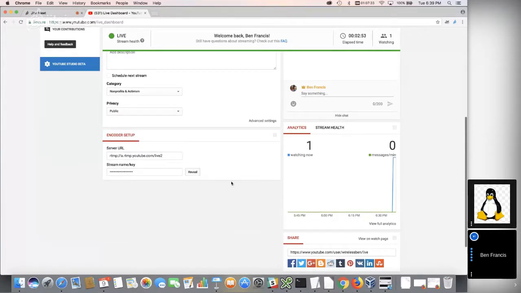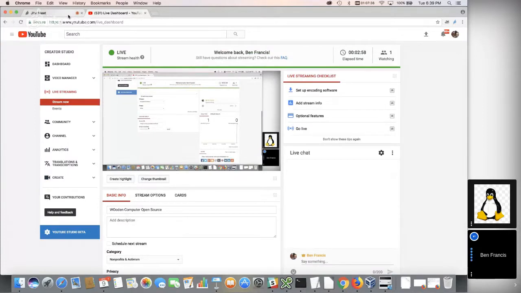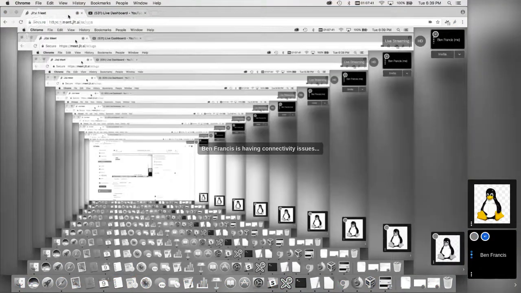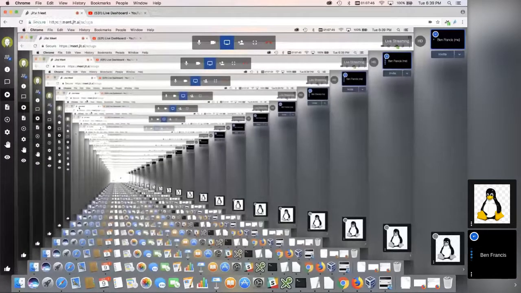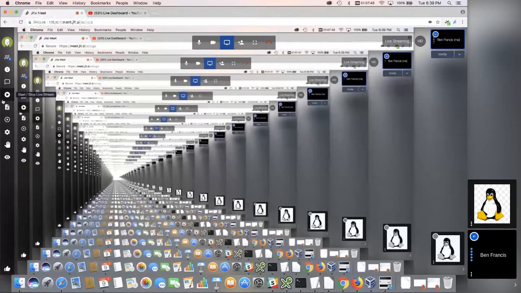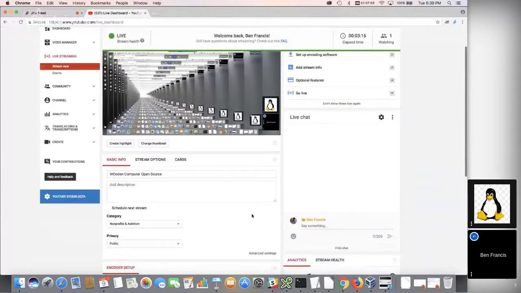All I do is click reveal on that, and then it'll show the key so I can copy it and then go over to Jitsi right here. On the left side of Jitsi, there's a little play button, and you click play there, and then that asks you for the key, and then you just paste it in there, and we're good to go. So that's all I'm doing there.